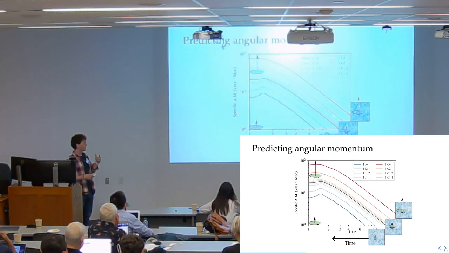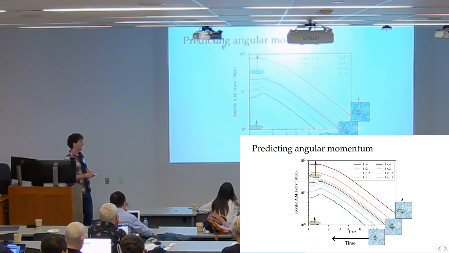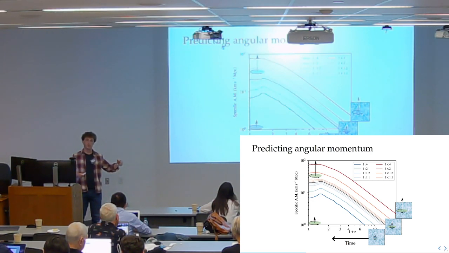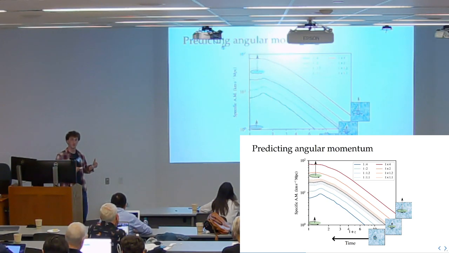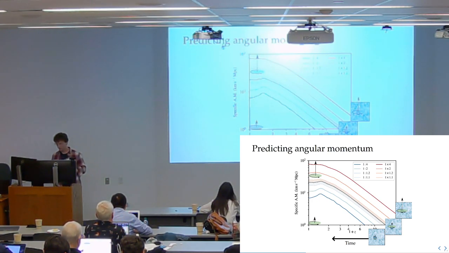The way you understand them is, for example, the red one: I modify the initial conditions so that there's 4 times more torquing being applied to the forming halo. If I have a factor of 4 initially, you can convince yourself that by redshift 0, I have a factor of 4. So whether a halo is going to spin fast or spin slow is actually already written in the initial conditions. And the same holds if I decrease by a factor of 4, for example, the dark blue line, the initial angular momentum.